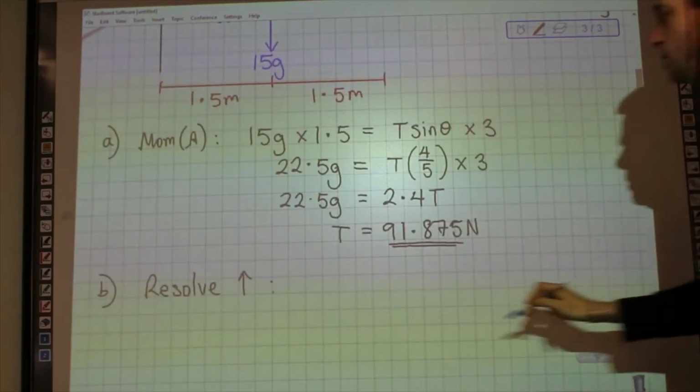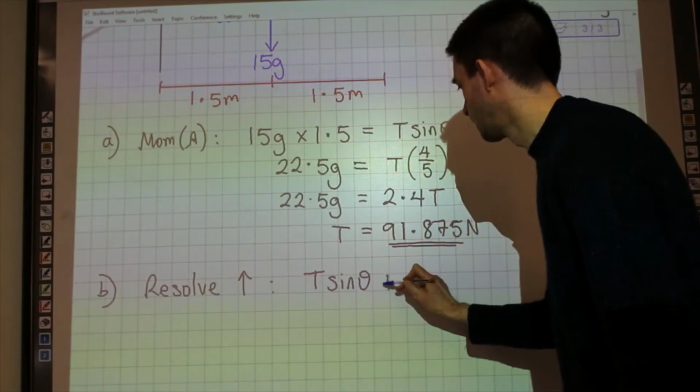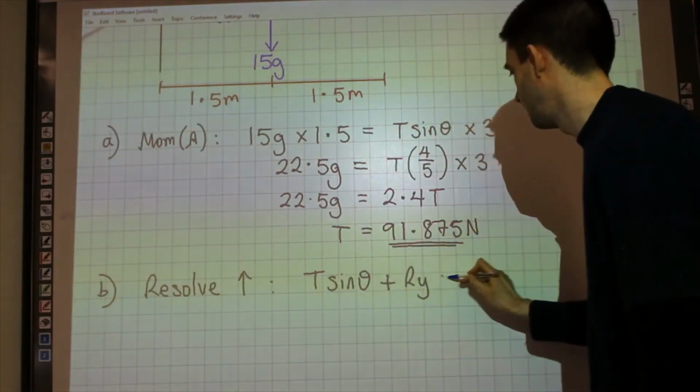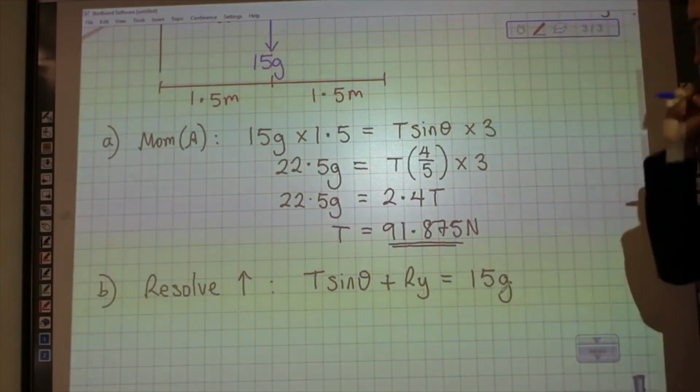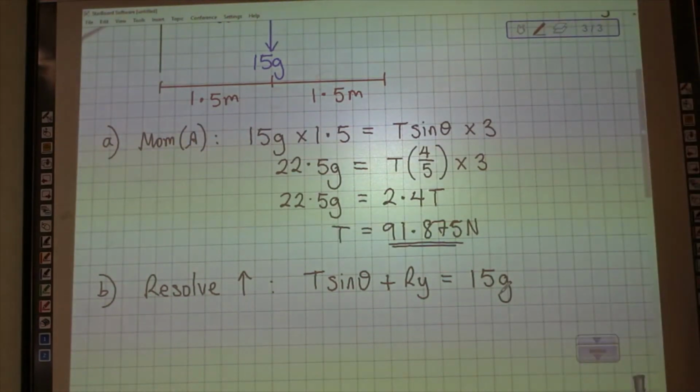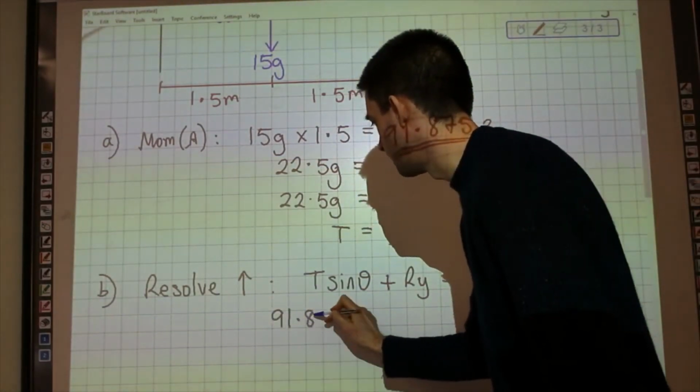Okay. So T sine theta plus the reaction at Y is equal to 15G. Now, I've just worked out that T is 91.875.